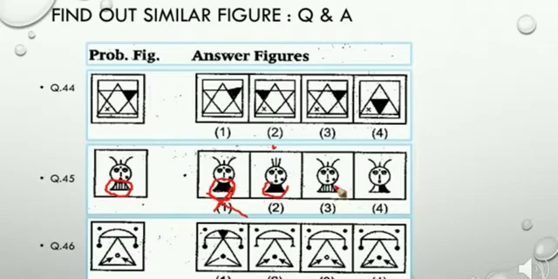Let's go to the next answer. In this, this portion is similar, so this could also be the answer. So let's check the fourth option. In the fourth option, this portion is not the same, so option 1 and option 4 are ruled out. They cannot be the answer, so the answer is either option 2 or option 3.